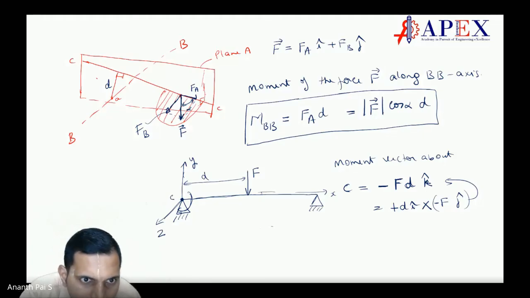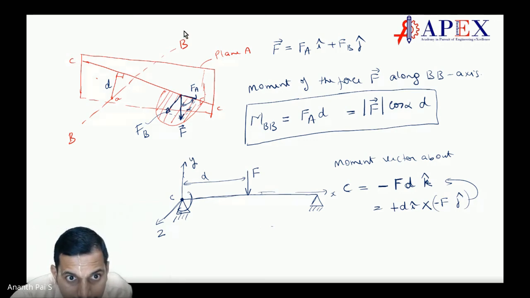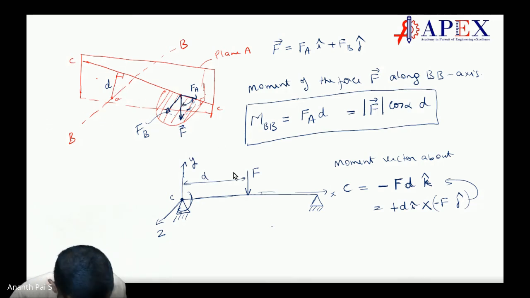Sir, could you show how it is FA into D? I didn't understand that. FA is coming here also. You have to see this BB. Take it similar to a C vector. When you go on this plane, it acts like this.